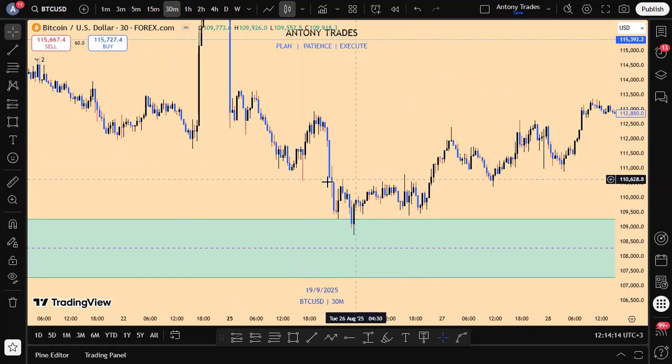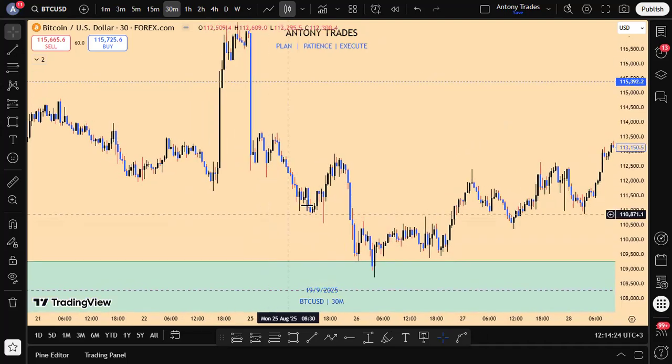Why is that? Because this pullback never swept any liquidity here. So this is not a strong high, guys. For me, this is not a strong high. So maybe at this area, we have a small pullback. But this pullback for me is not a valid one. But someone could have said you have a pullback, push to the downside, let the market sweep liquidity here.